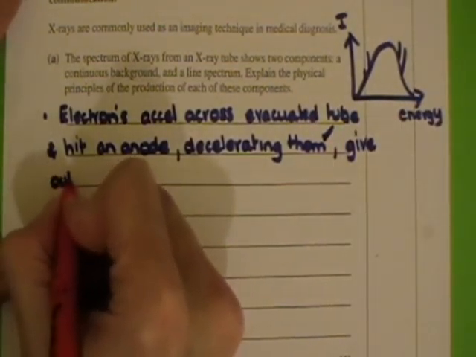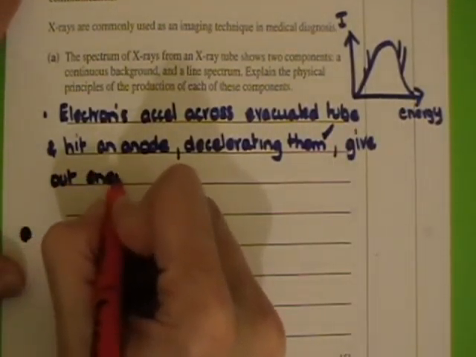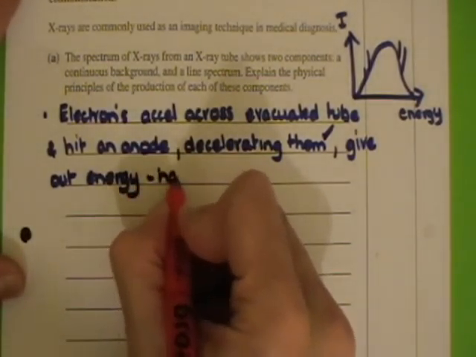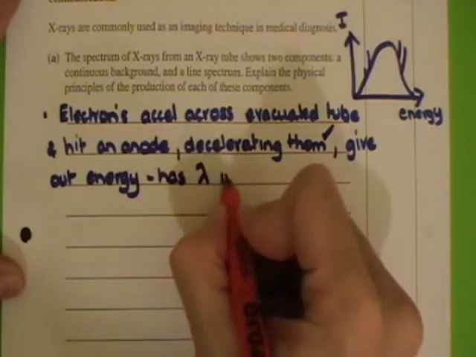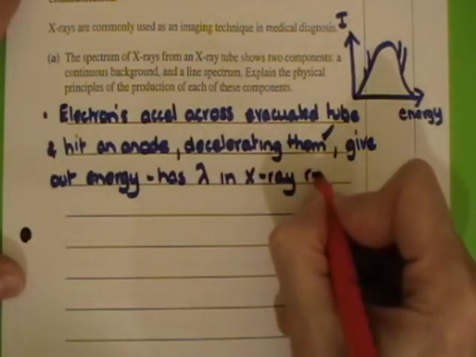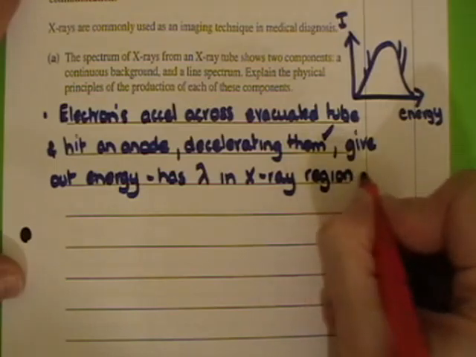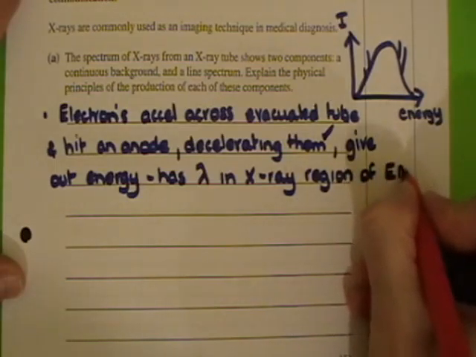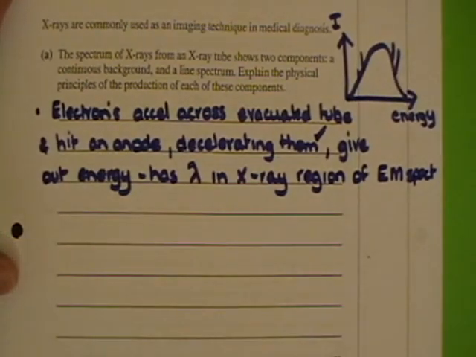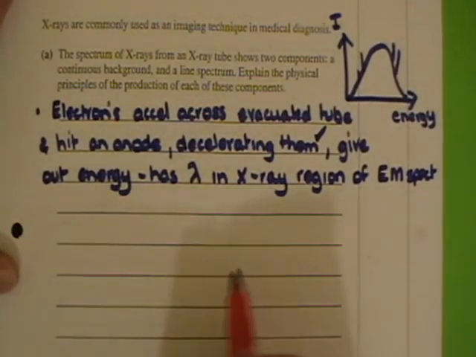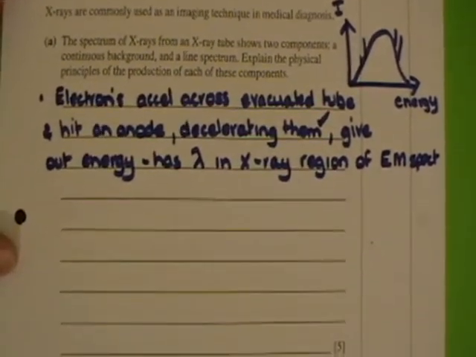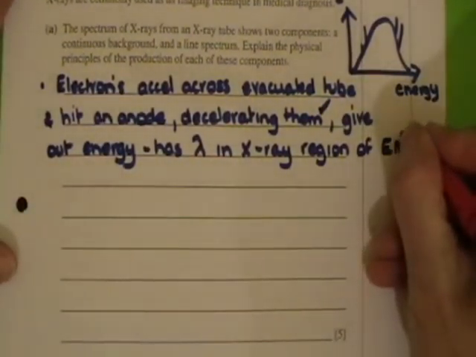They then give out energy. So when they're decelerated, they lose energy, and it has wavelengths in the X-ray region of the electromagnetic spectrum. Okay, so your writing of course will be much smaller than that, and you've plenty of room, and you can fill in the rest of the page right down to the bottom. So that would be 2 marks.